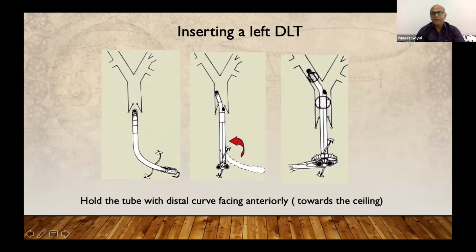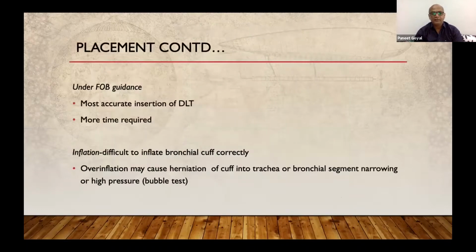It is better to advance it through the tracheal lumen, where you can visualize the carina, and then you can easily see on which side, left or right, the bronchial portion of the DLT has gone in. So the fiber optic bronchoscope is the most accurate method to guide a double lumen tube.